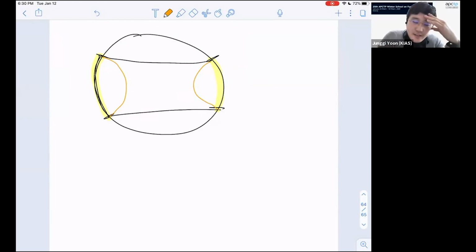Yes, this entanglement argument is very intuitive because I can see this replica surface and definitely they are two different replica surfaces.